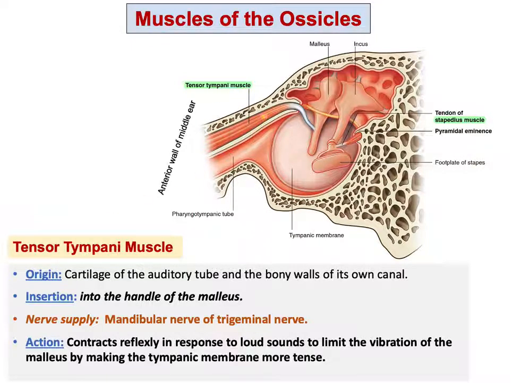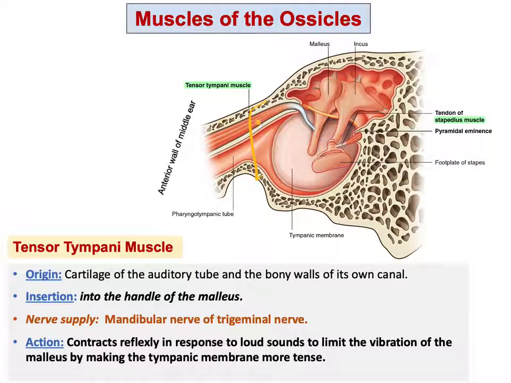If you remember, we said that this is the anterior wall of the middle ear. Let me help you understand what you see. You are looking at the middle ear from inside. That means you remove the inner ear from here, and now you are looking at the middle ear, right?